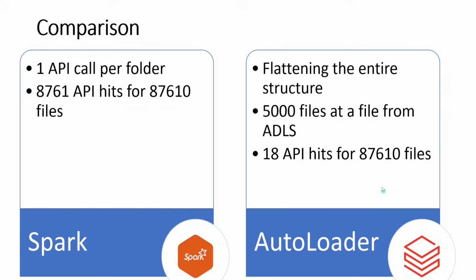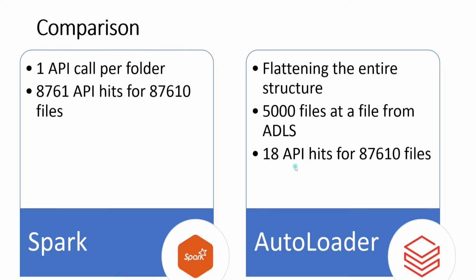As per this, it is going to consider the entire folder in a flattened structure. So it is basically flattening the entire structure. And as per the ADLS feature, it supports 5,000 files per single API call, which means in order to process 87,610 files, it will send only 18 API calls.